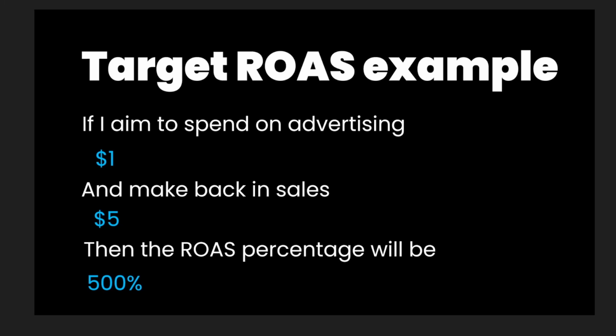Remember, Google can only do as much as it can with the data that you feed it. So it's all about feeding good conversion data through, and then the machine algorithm is going to work for you. But obviously, if you come with an unrealistic expectation, then it's not really going to be able to achieve that. And that's basically all your automated bidding strategies and one manual bidding strategy.